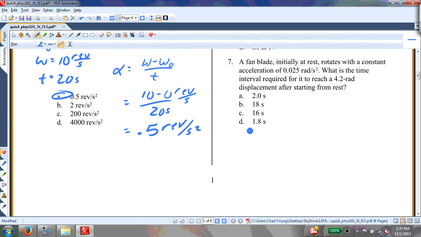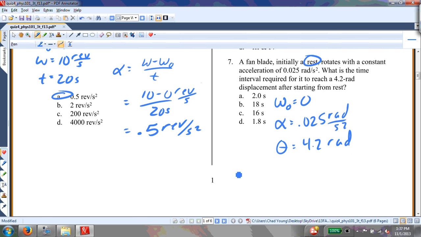Fan blade initially at rest rotates with a constant acceleration. What is the time interval required to reach this displacement? So omega naught equals 0. It's at rest. I know that theta equals omega naught t plus one half alpha t squared.